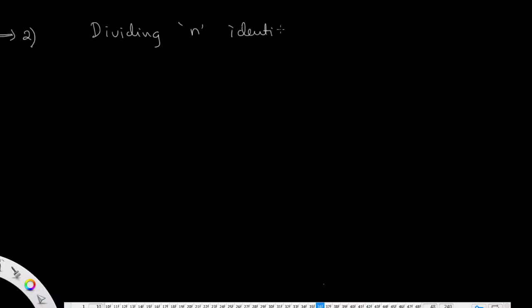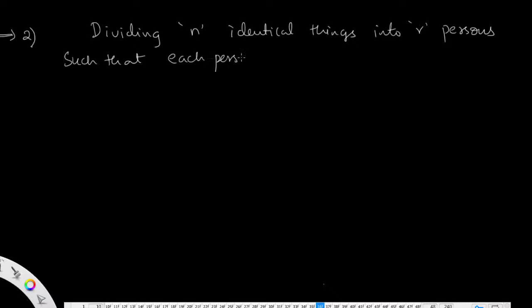Dividing n identical things into r persons such that each person gets at least one item is n minus 1 C r minus 1.